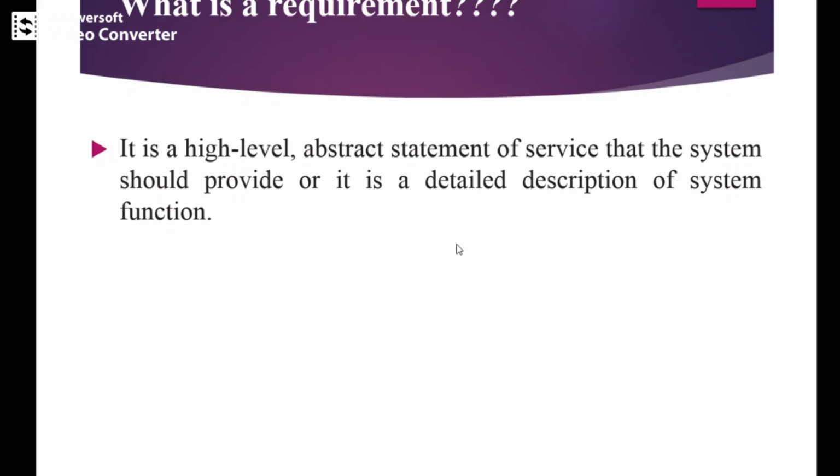So what is a requirement? It is a high level abstract statement of service that the system should provide. So what service your system should provide, or I can tell what functionality it should provide. Now you're developing one application or one website.